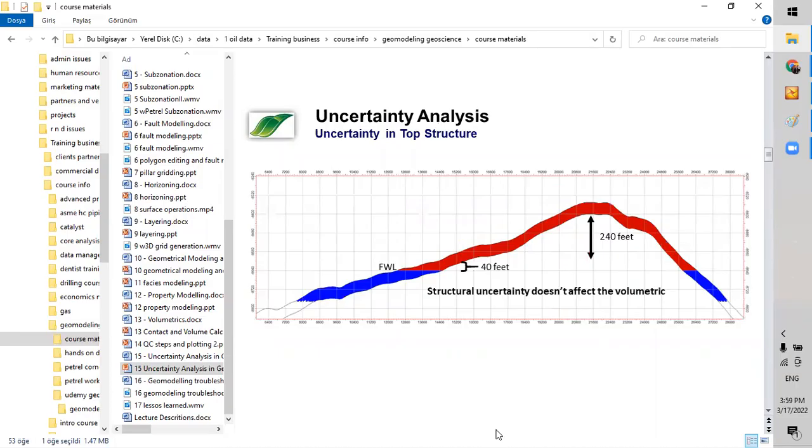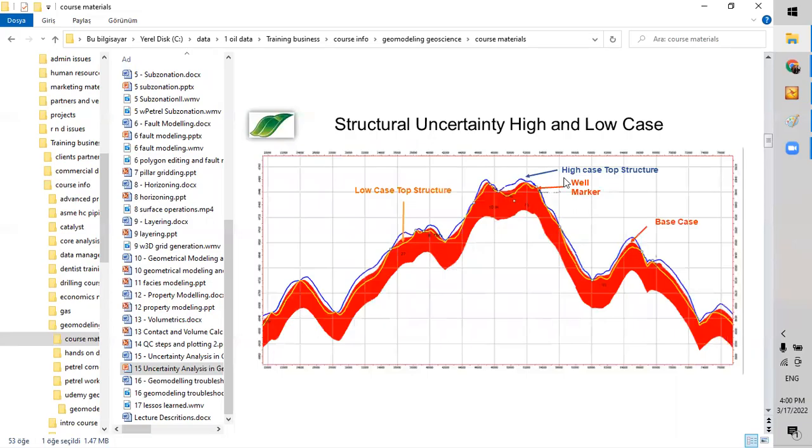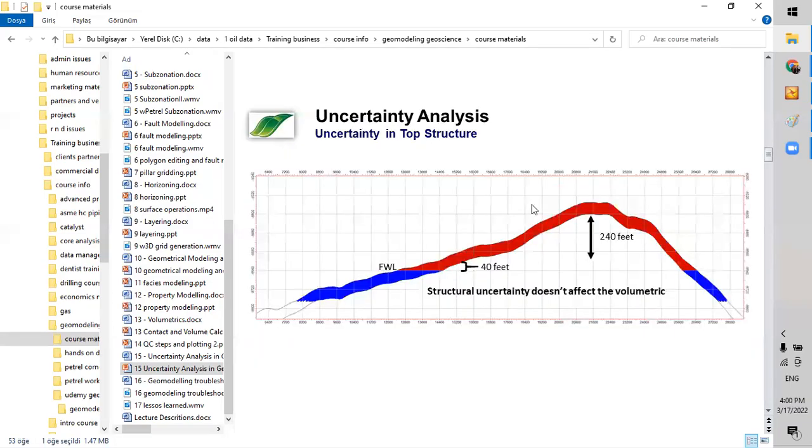So this one is showing the uncertainty: top structure, base structure, and free water level. Here, the top structure uncertainty, like you see between blue and yellow, doesn't affect too much.